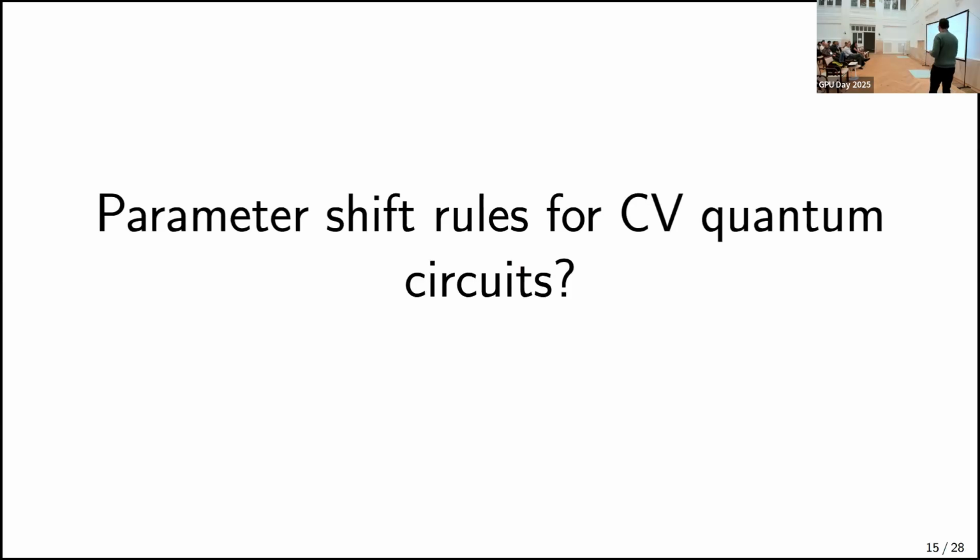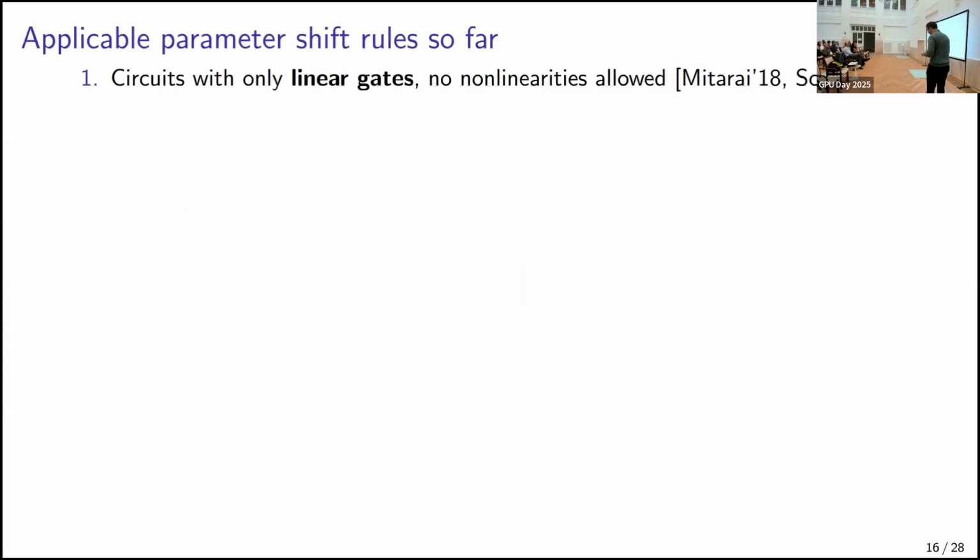Can we apply parameter shift rules for CV quantum circuits? That is the big question, and I will tell you the answer later. Of course, yes, but there is some price, and it might not be worth it. Parameter shift rules have been applied in photonic quantum computing, not in CV quantum computing, so far. It works with linear gates, where no nonlinearities are allowed.